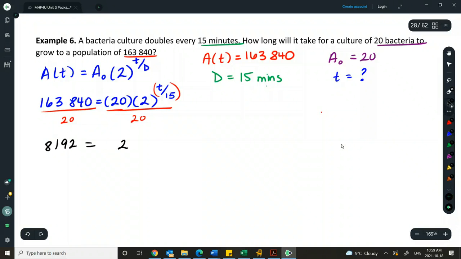And then you have a choice. You can use the change of base method or you can use the power law method, whatever you want. Okay, so I think in the past we've done log of both sides. Once the base and exponent are isolated, then I can bring down the exponent and write it as a multiple.